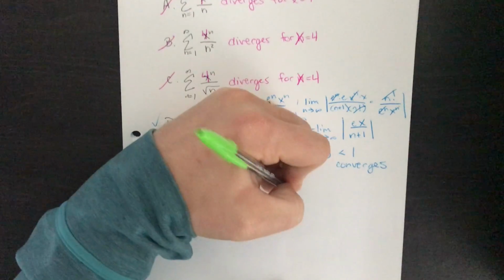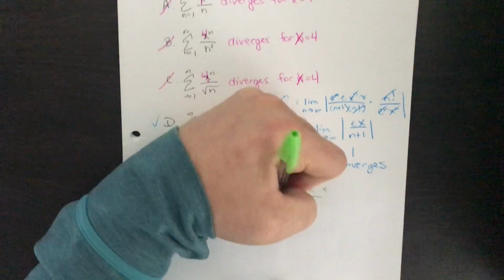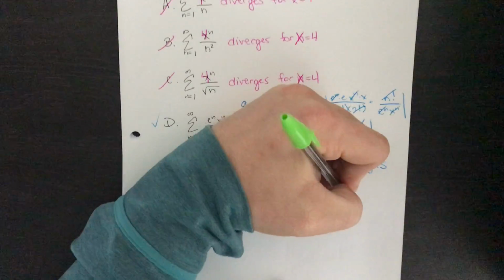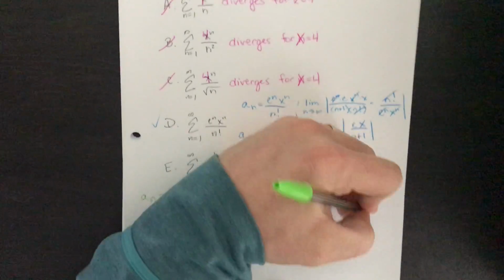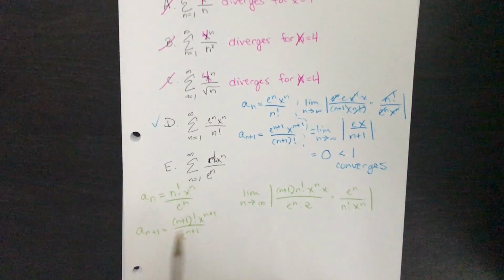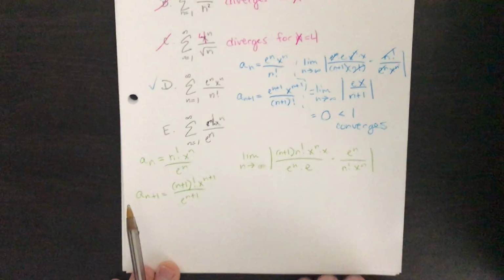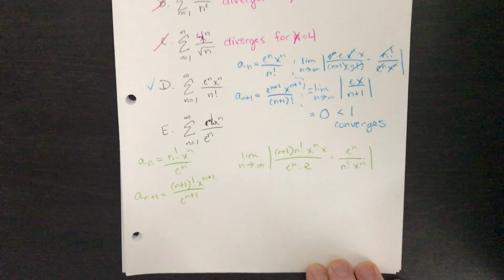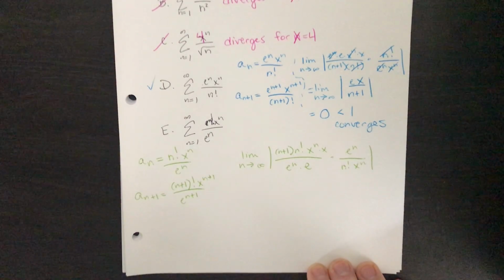So n plus 1 times n factorial times x to the n times x over e to the n times e times e to the n over n factorial x to the n. It's pretty much the same looking as part D, except the factorial and the exponential have changed places now.